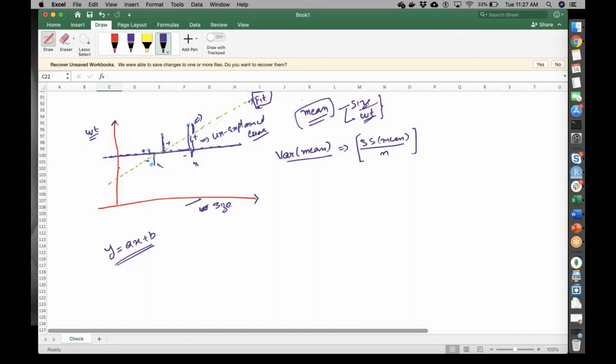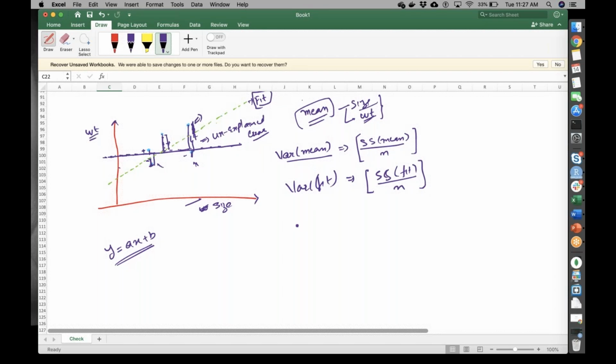Whenever you predict anything and put these curves, they are all known as fitting curves. Now you also calculate the variance of fit, which will again be the sum of squared errors, but for the fitting line, divided by n. Instead of taking the whole thing, you only take this much value, here and here.